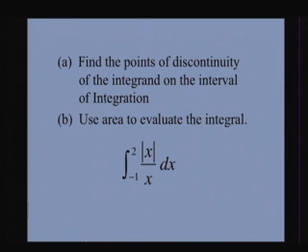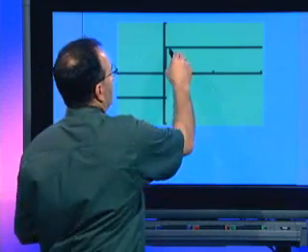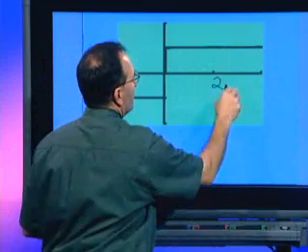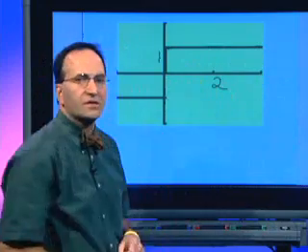What we have here is the integral from negative 1 to 2 of the absolute value of x divided by x dx. Here's the graph. Let's examine this. We have this line here, which is spanning a distance on the x-axis of 2 and on the y-axis of 1.